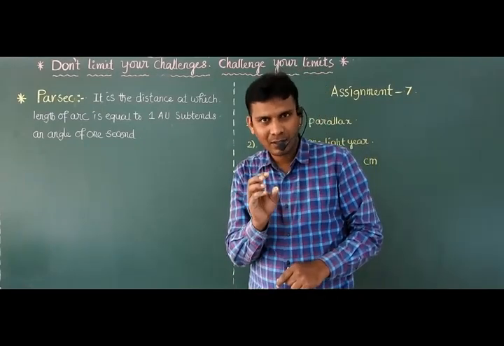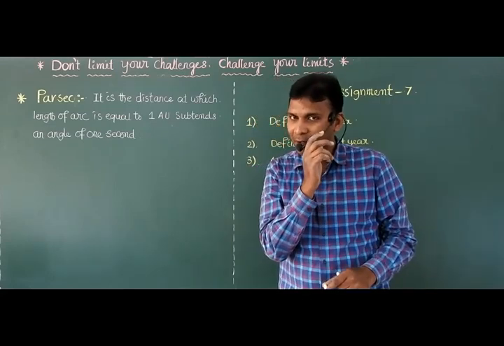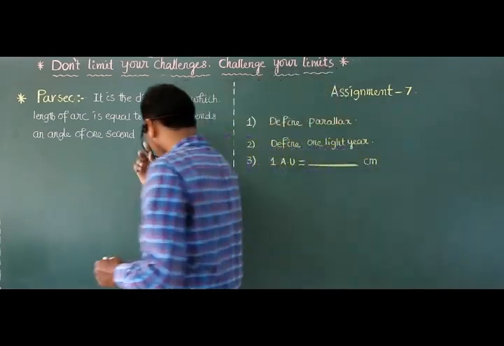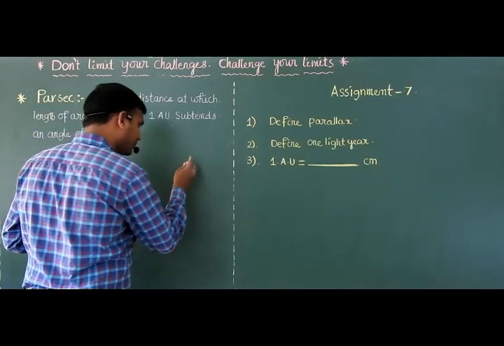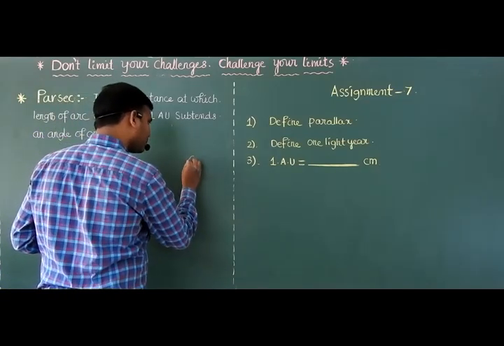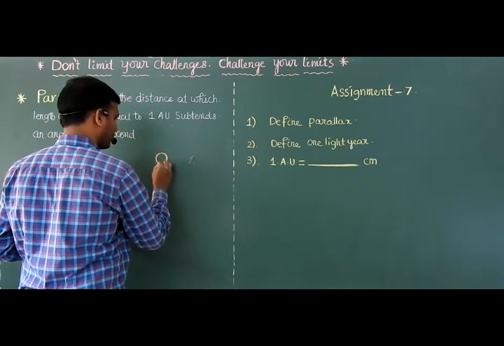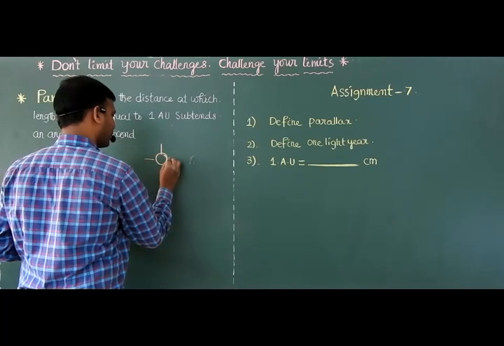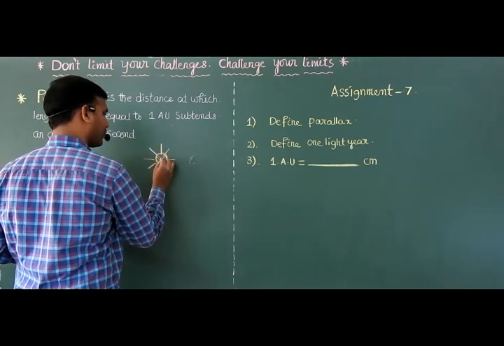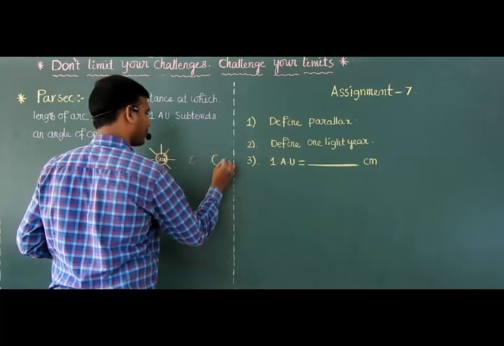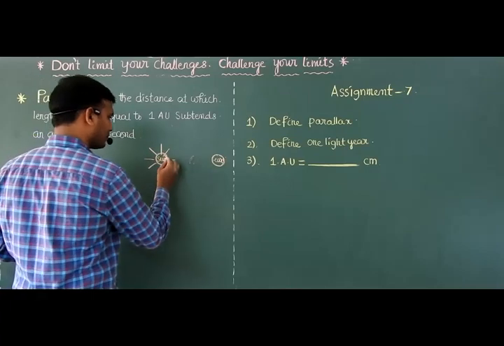I think from a student's point of view you feel it is difficult, but I will explain in a proper way. Right? Listen carefully. So what is meant by parsec? Consider the sun and the earth.